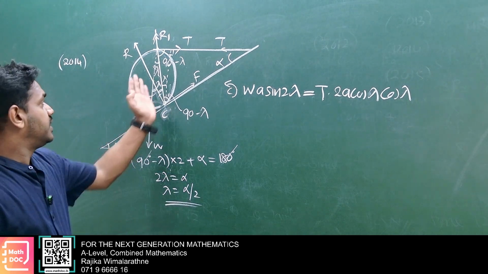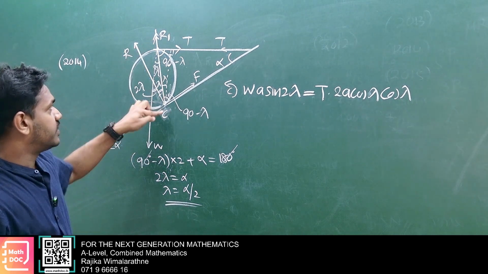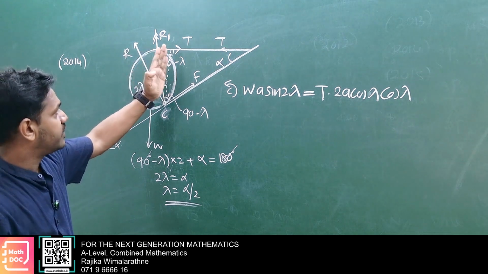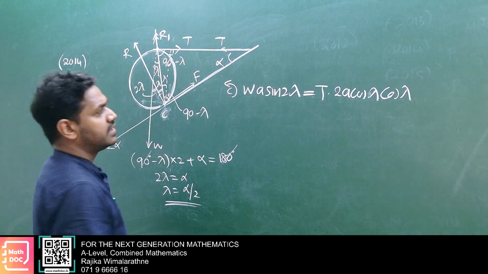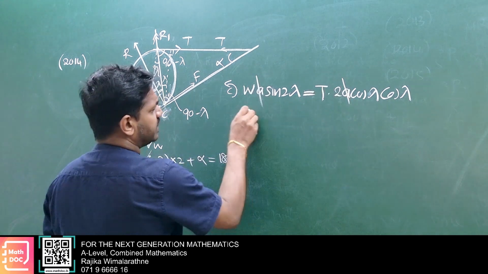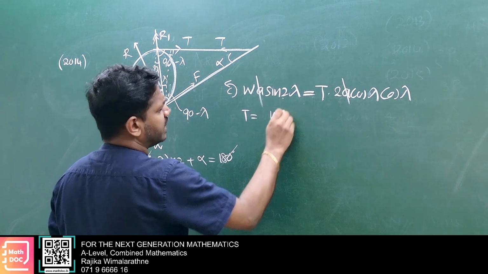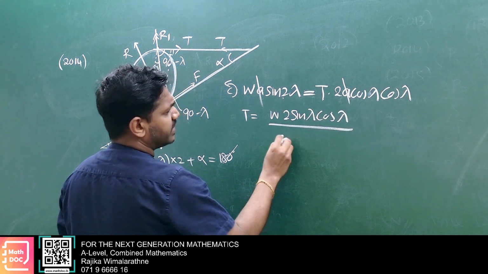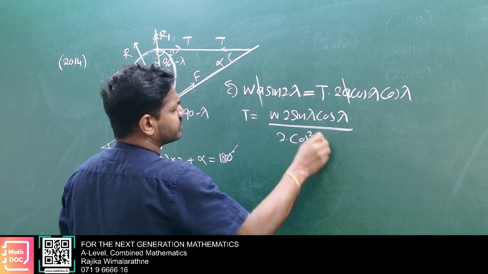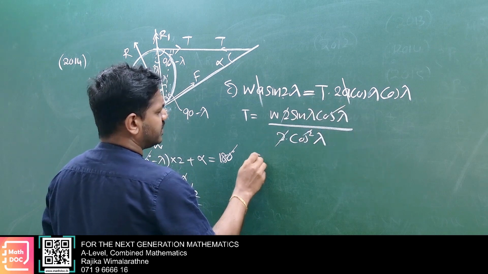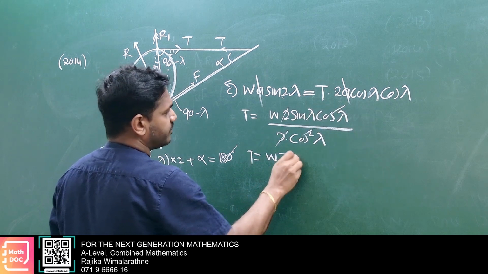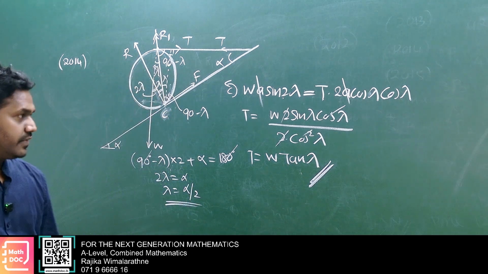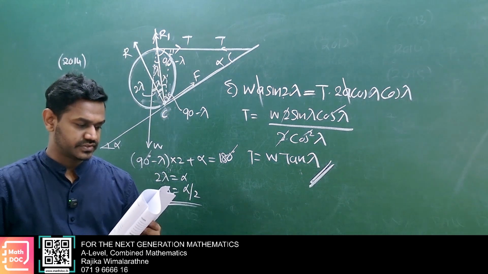Then 2A cos lambda, again cos lambda. Now simplify. Then T equals W sin 2 lambda, that is 2 sin lambda cos lambda, divided by 2 cos square lambda. T equals W tan lambda. That is the value. Okay, complete. That is the 2014 question.